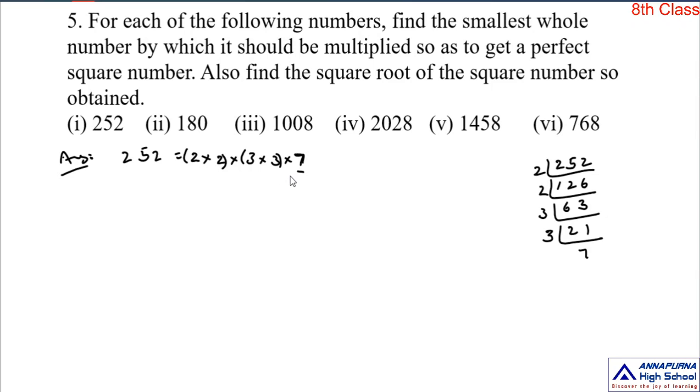So when you multiply this given number by 7, that 7 also has a pair. Okay, so what is the smallest whole number to multiply this number to get a perfect square number? It's 7 only.